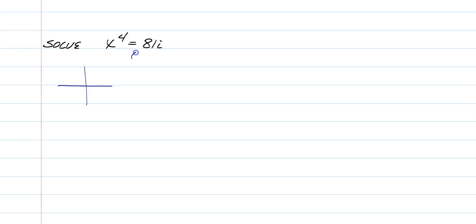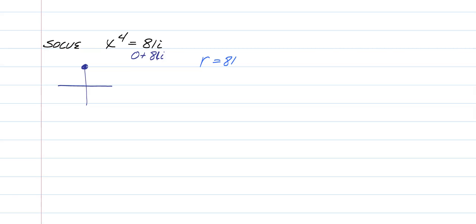This would be 0 plus 81i, which means that's our y value, so we are up here. Again, there is no need for the Pythagorean theorem. r is going to be equal to 81, because 0 squared plus 81 squared gives you the square root of 81 squared, which is just 81.